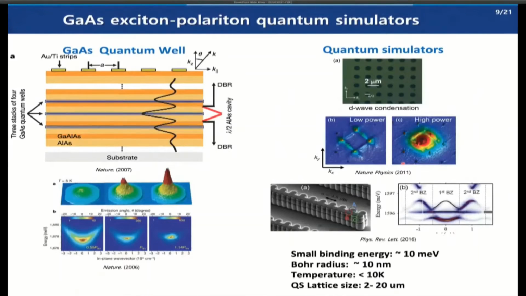Due to the high quality MBE growth technique, they can grow a high quality DBR cavity and then embed multiple quantum wells. This structure provides a high quality strong coupling regime, and according to this result, under high laser optical excitation, they observed condensation at the lower polariton branch, as well as Bose-Einstein condensation at low temperature.